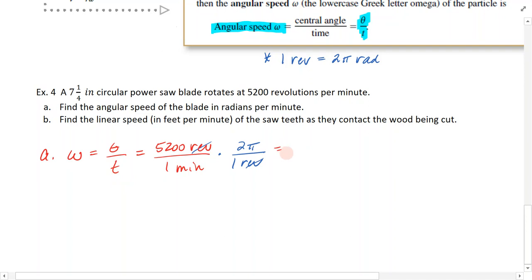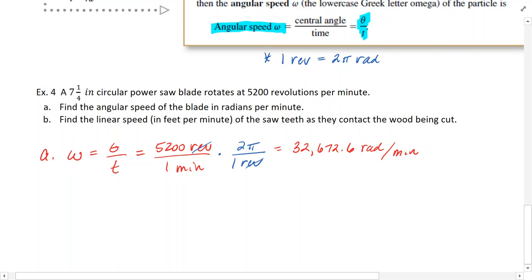If I multiply straight across, I'm going to end up with 5,200 times 2 pi. The approximate decimal value would be 32,672.6 radians per minute, which is what we were asked to find.